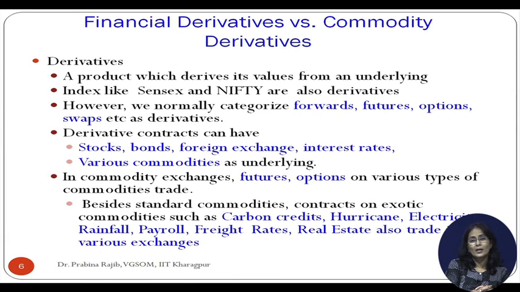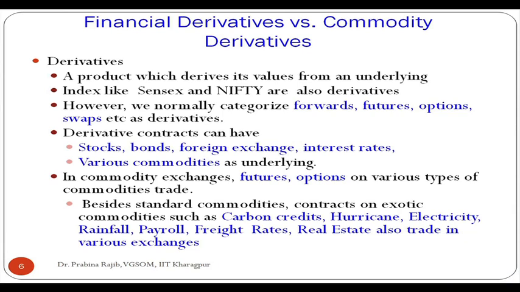Let's understand what is a derivative. A derivative is a contract which derives its value from an underlying. To put it very simplistically, popular indices like Sensex and Nifty can also be treated as derivatives, because they derive their value from the share prices of the underlying companies which constitute these two indices.